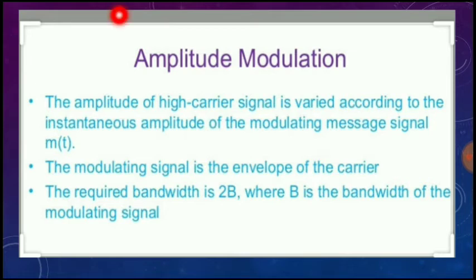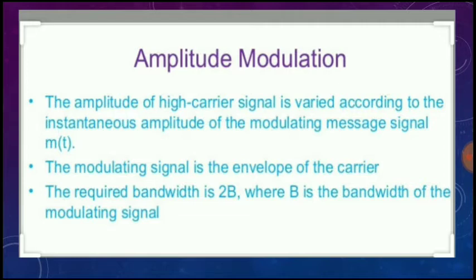See this amplitude modulation. This amplitude modulation alone is a 3-mark question, and its advantages and disadvantages will come as a 2-mark question. The amplitude of the carrier signal is varied according to the instantaneous amplitude of the modulating message signal.